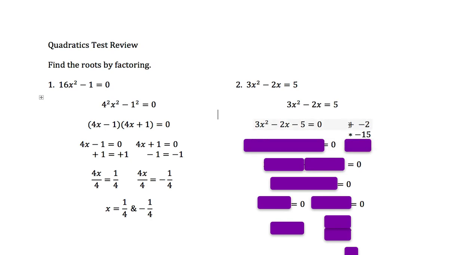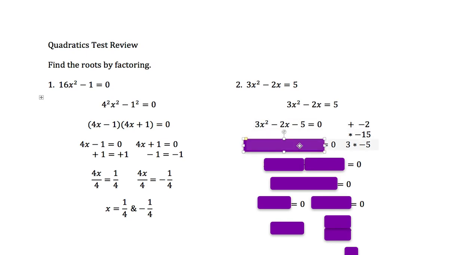But we still want the two numbers to add together to get negative 2. Now, because we want a negative here, this means one of our factors has to be negative. So the two factors, if we do 3 times negative 5, we do get negative 15 when we multiply them together, and when we add them together, we get a negative 2.